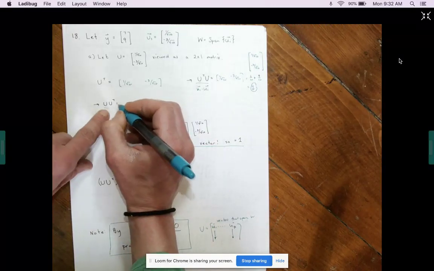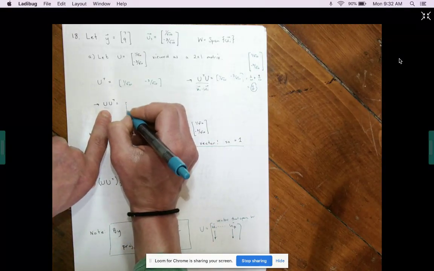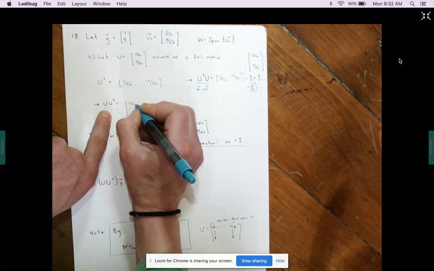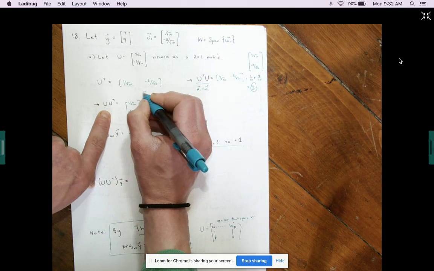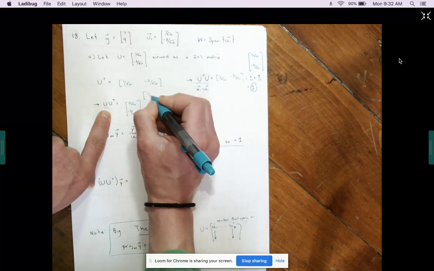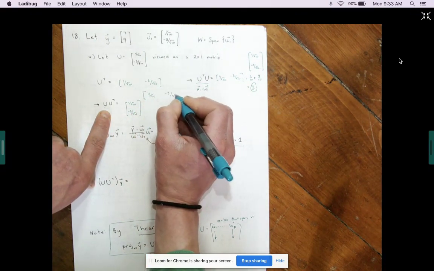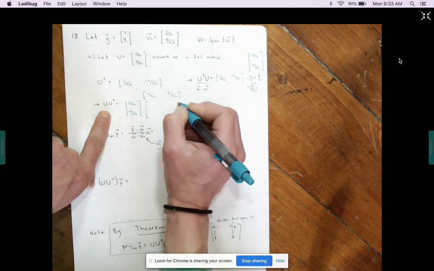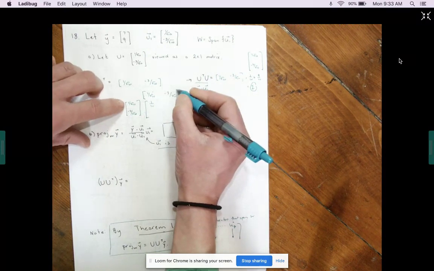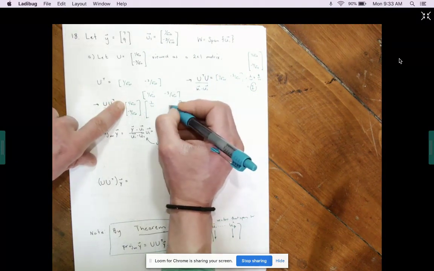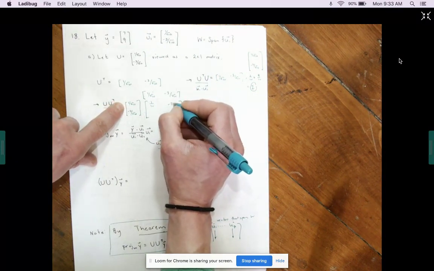Next, we do U times U transpose. So I take my column, and then I'm multiplying by a row this time. So this time I'm actually going to get a 2x2 matrix, because I'm going to do this times this, which is 1/10. This times this ends up here, so that's going to be negative 3 over 10.